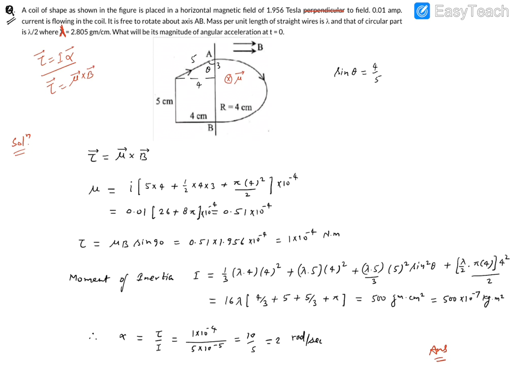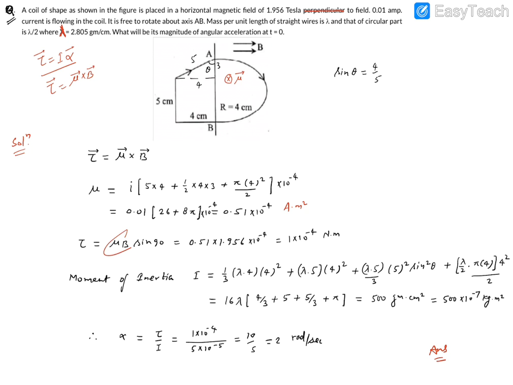Now put the numerical values. So area of the rectangle is this, area of the triangle is this, area of the semicircle is this, and since they are in centimeters, we can convert into meters, so this is going to be in proper ampere meter square. Now I can be substituted, whatever is given. If you simplify, this is going to be this much, in ampere meter square, SI unit.